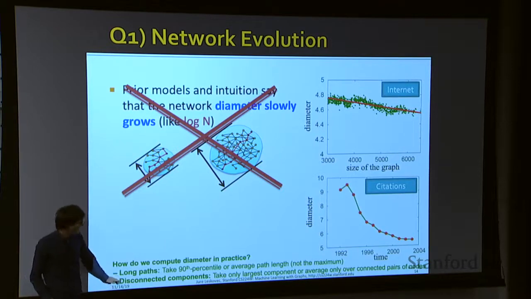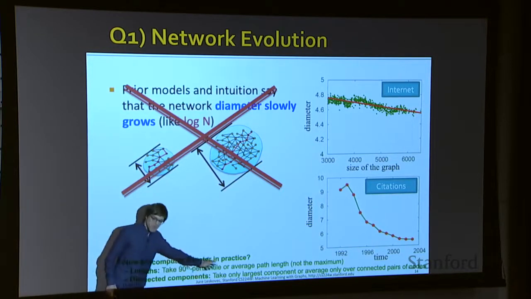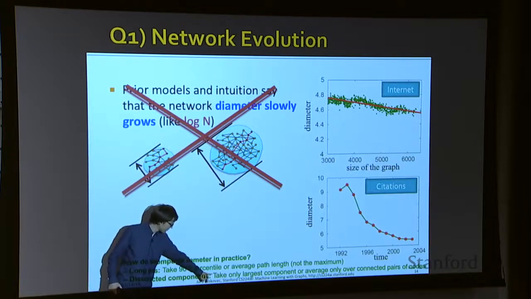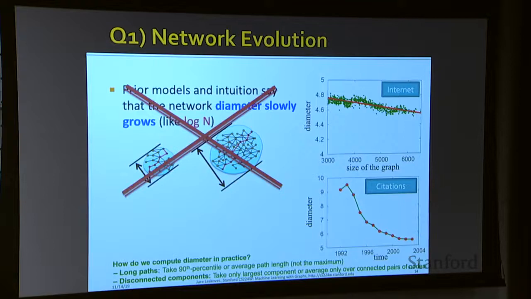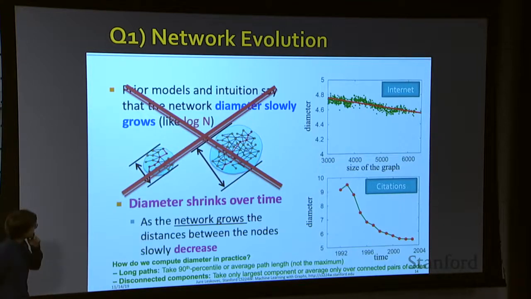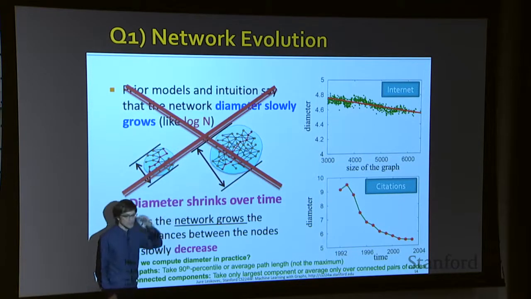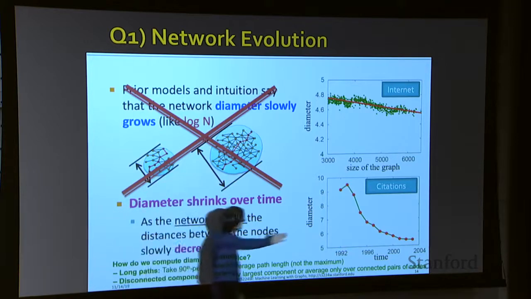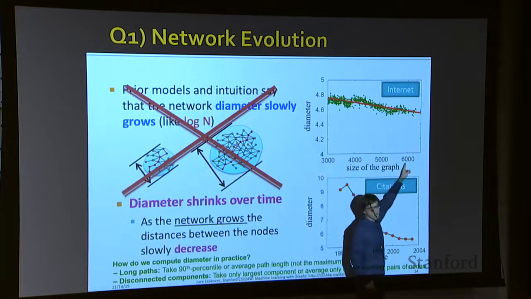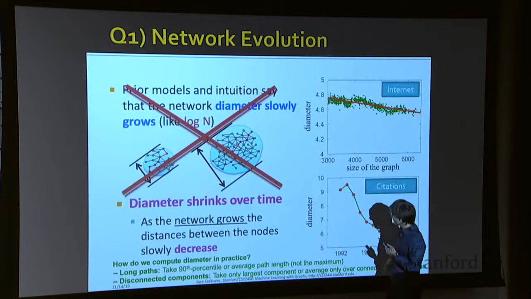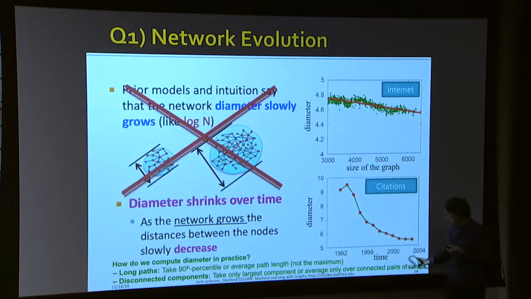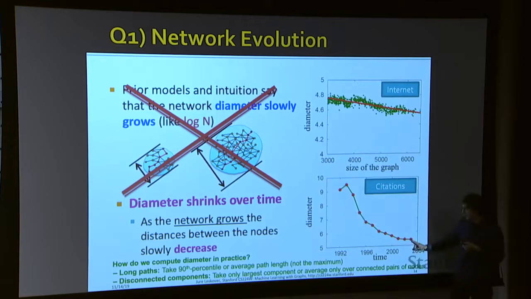And then what if the graph is disconnected? Many times you have a lot of small connected components, but they are small, so you just focus on the big one. And that's how you do this in practice, right? So the observation is that the diameter shrinks over time. Even though the network size doubles, the diameter goes, here, from 4.8 to 4.6. And here, this is the archive citation network over, I think, like 16 years or more. It goes from 10 down to about 5.